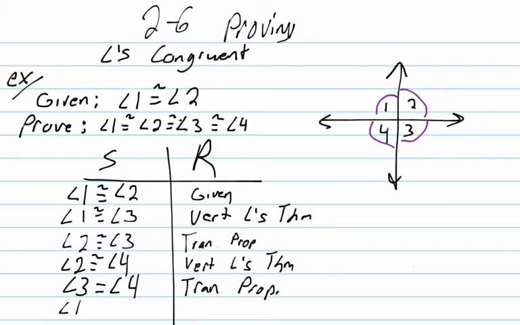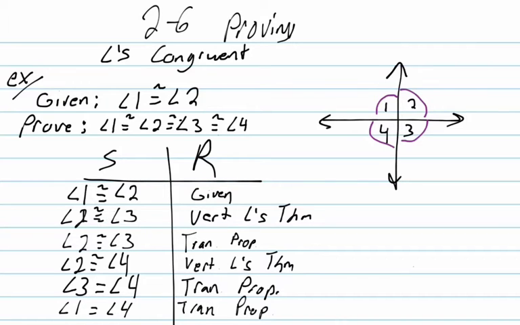We're still missing that angle 1 to angle 4, aren't we? Still not listed anywhere in there. But if we look back, we can pick out a transitive property here. Let's say if angle 1 is congruent to angle 3, and angle 3 is congruent to angle 4, do you see how I can say angle 1 is congruent to angle 4 now? Yeah. They have to be the same, right? So again, that's a transitive property.